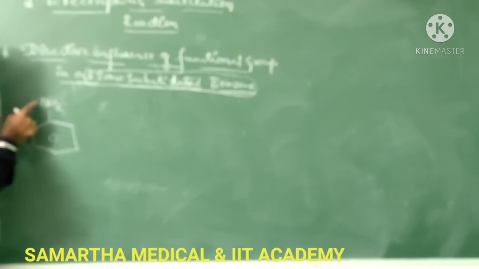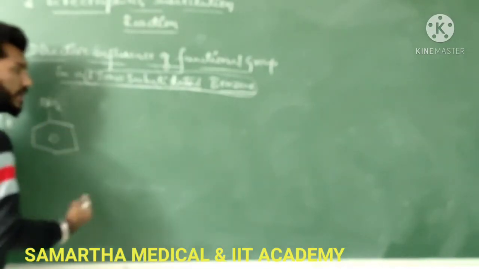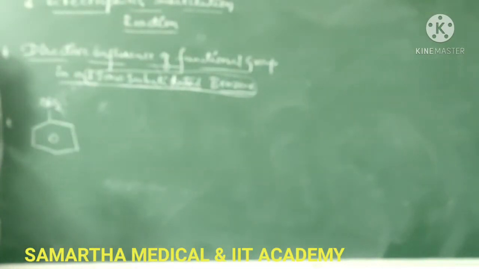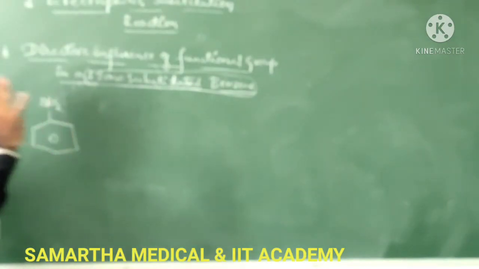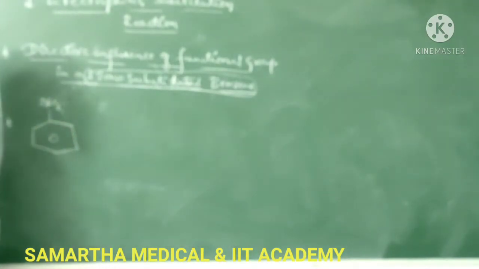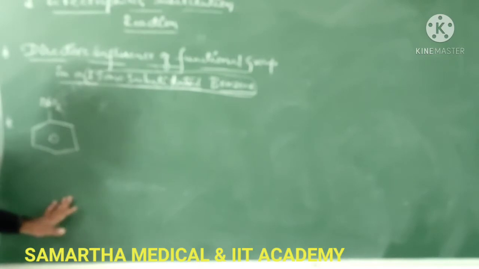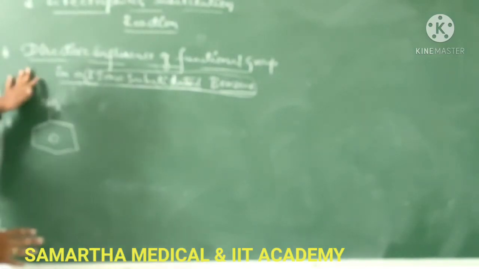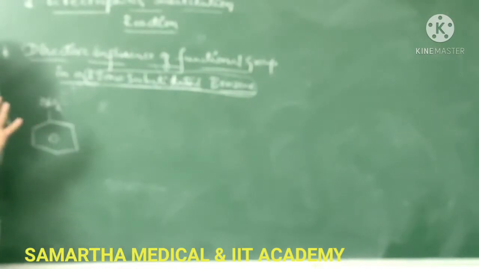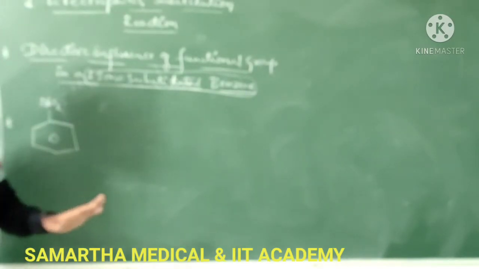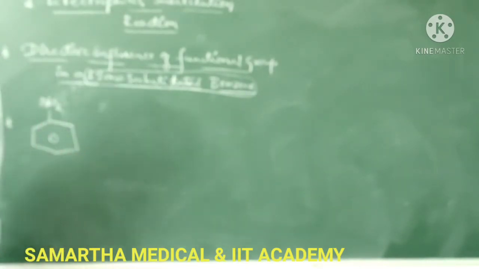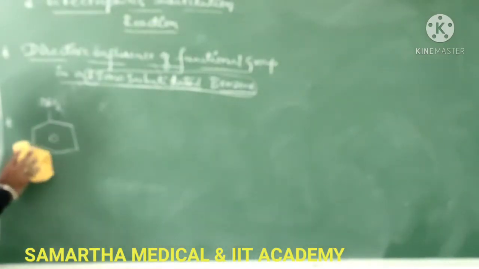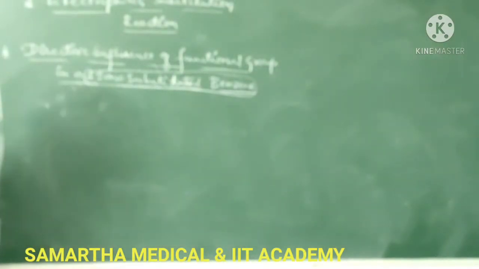These particular groups decide the formation of the disubstituted product. This will be the actual concept we are going to learn in the directive influence of functional group in a monosubstituted benzene. Very interesting, guys. Let's make clarity about this concept.